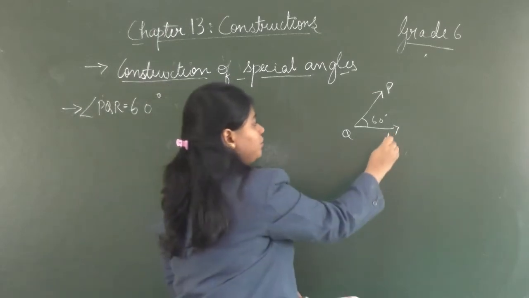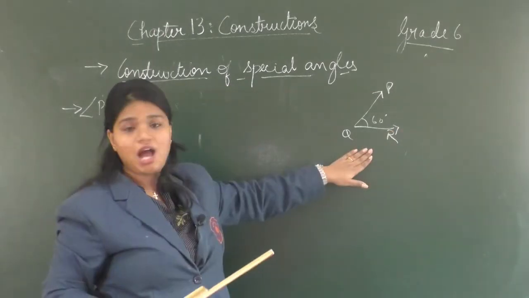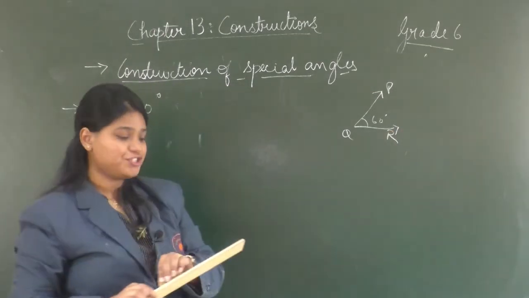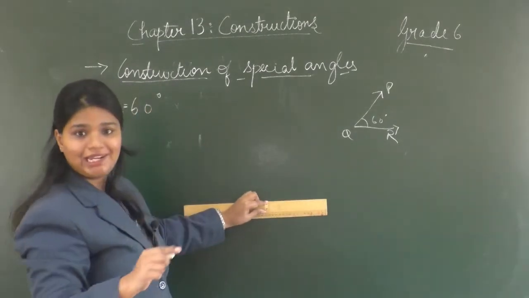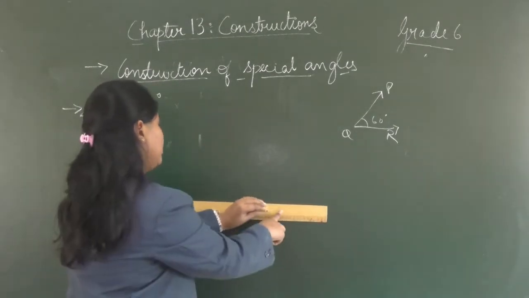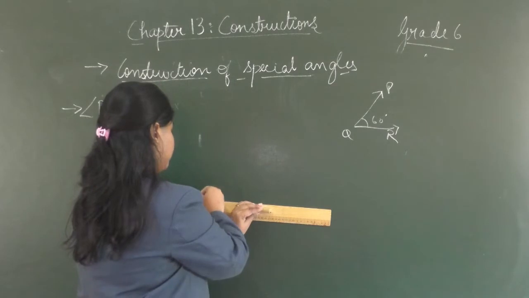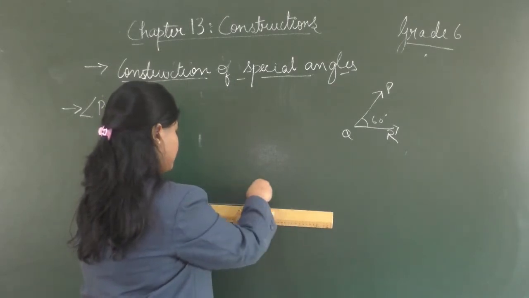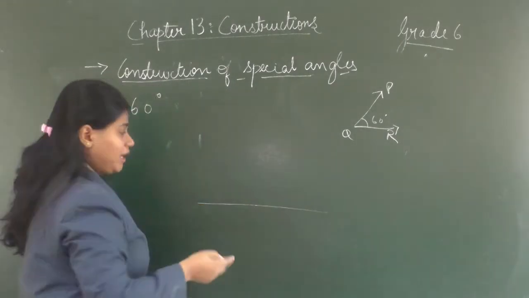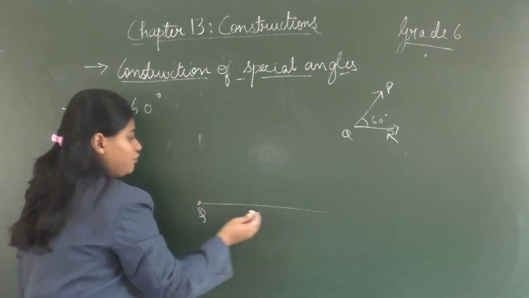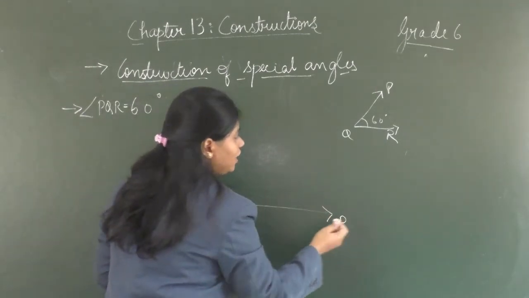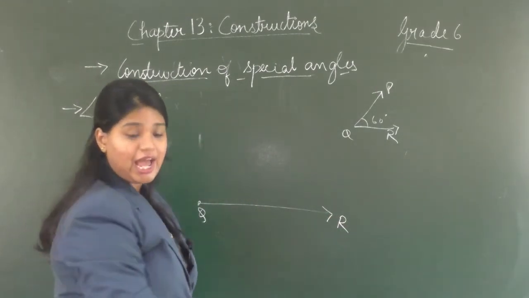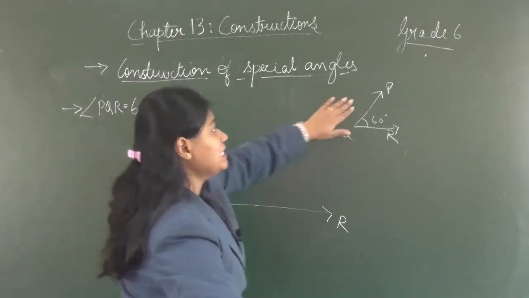So I know that one arm is QR. So first you will draw a straight line and name it as ray QR. Okay, you can make the ray of any measurement of your wish. Now after drawing the ray, I will draw the second arm.